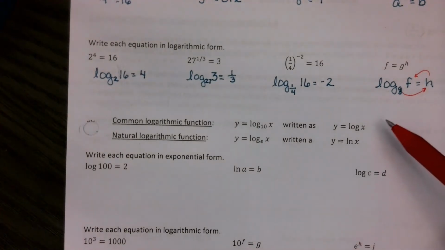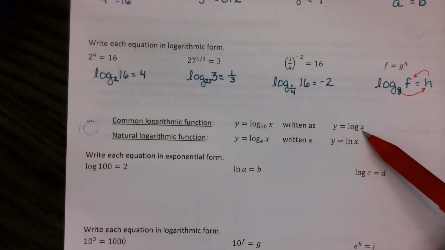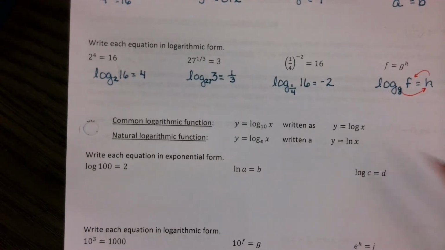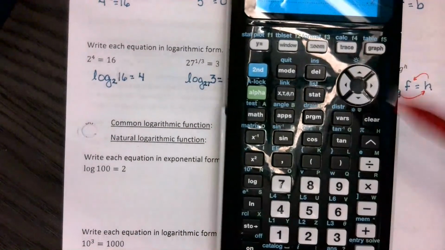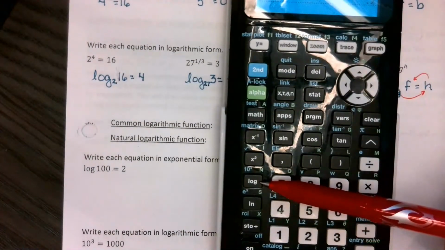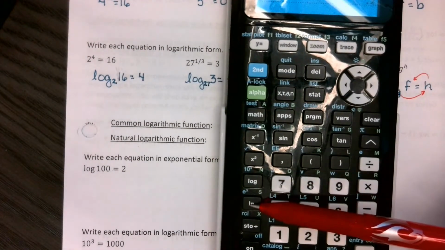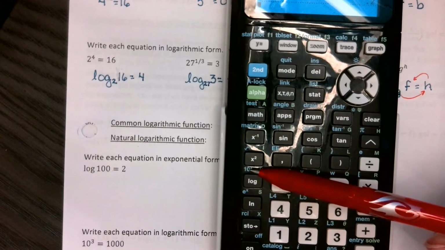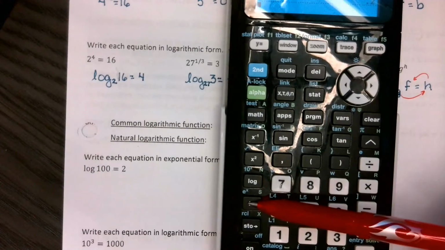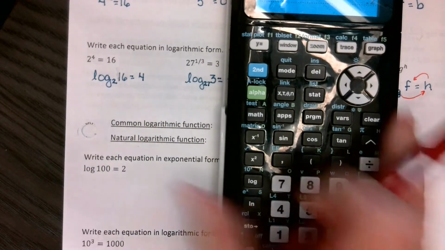Two functions that you'll see on your calculator are the log and your natural log. They are right here, that's your log, and here is your natural log. You will notice that up above it, log has 10 to some power, and natural log has e to some power.